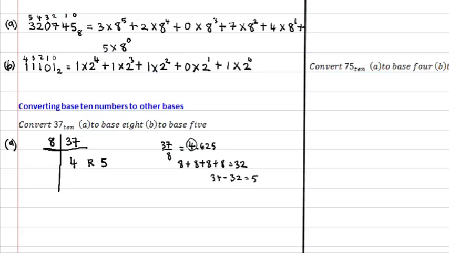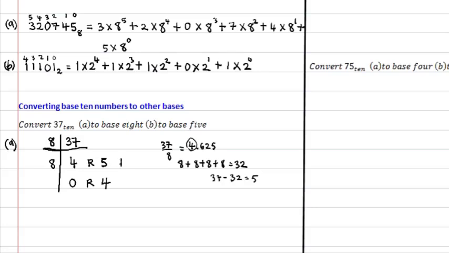Now we divide again with the same 8: 4 divided by 8. As you can see, 8 is greater than 4, so when the number is greater than the one here, we write 0 remainder 4. Okay, so we are done here totally.